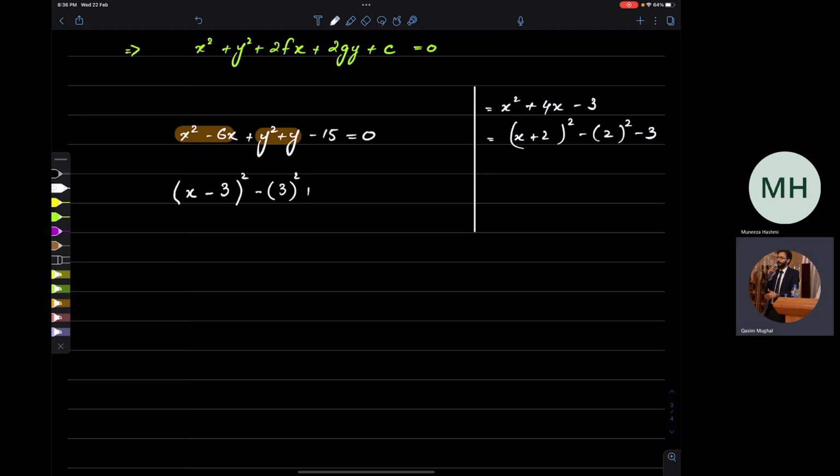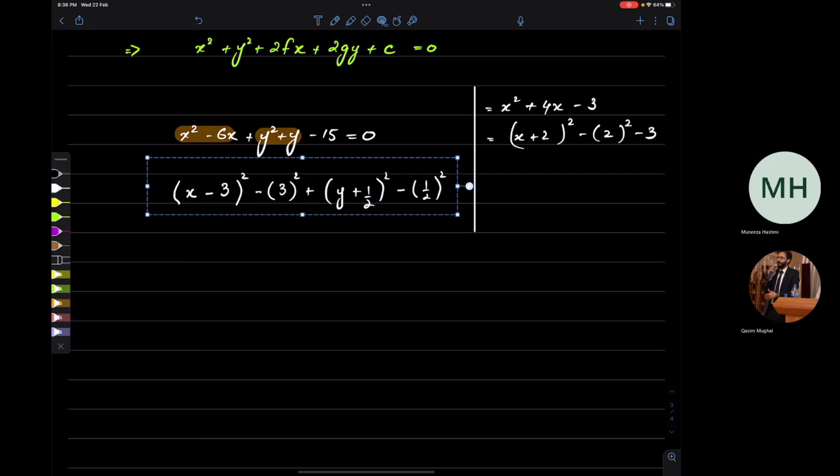So for that one, I'll be doing plus y. This time I've got a plus sign with y, so I put the plus sign here, and then half of the coefficient of y, that is 1 over 2, squared, and then minus 1 over 2 whole squared. Got it?